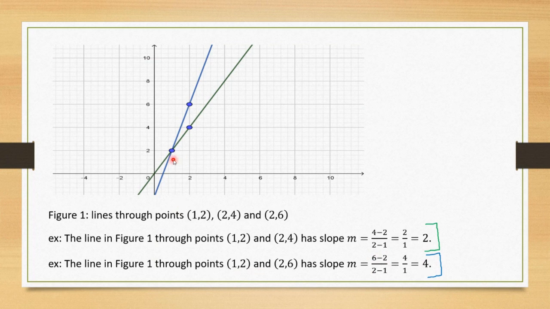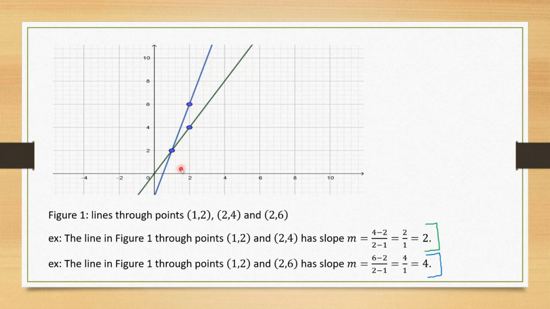But notice, though, both of these lines have positive slope. And notice also that the lines, as you're moving towards the right, meaning as x is increasing, so as we're walking along the x-axis to the right, looking up, we can see that the lines are rising.